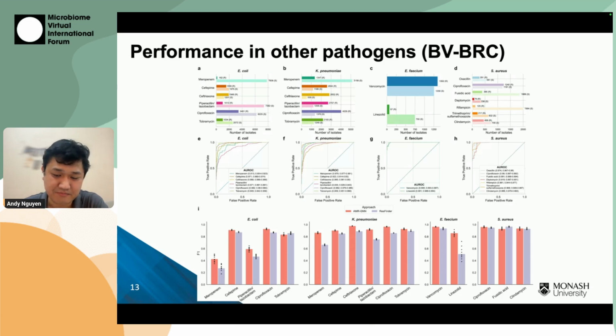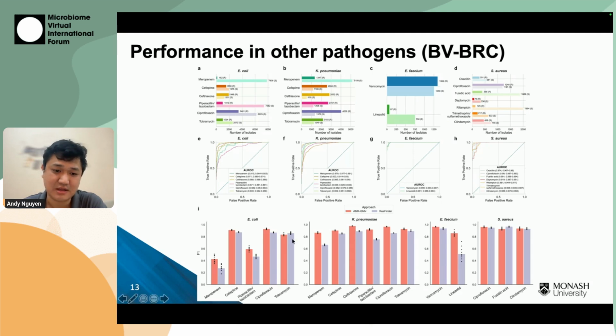And finally, we also compared our AMR-GNN models with a universal AMR prediction tool called ResFinder. The reason we chose ResFinder is that, in a benchmarking study conducted in 2024, ResFinder was the best AMR prediction tool out of all of their tested approaches.